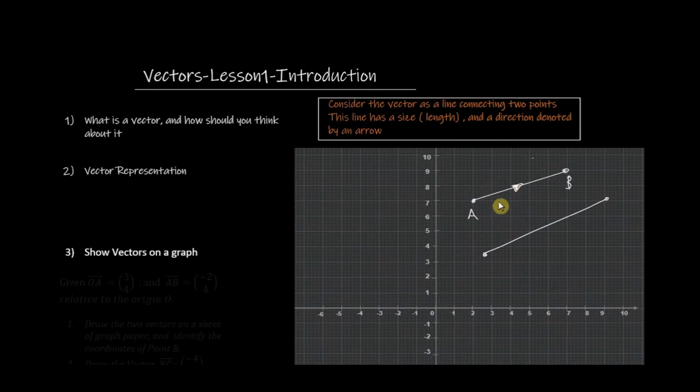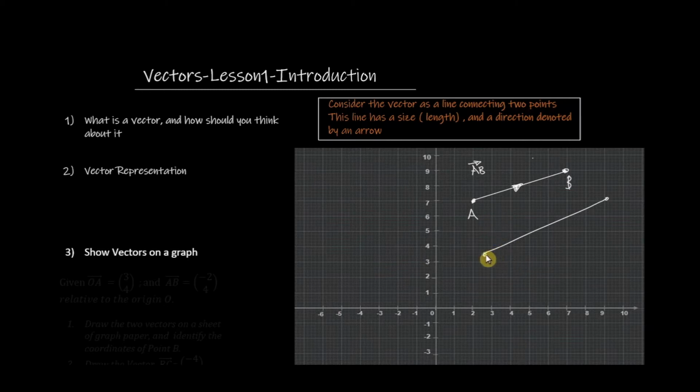So if I were to define or to use a symbol to represent this vector, I could think about one way of doing it as 2 uppercase letters, the letters here representing the points, and an overhead arrow indicating the direction of that vector. So the vector is a line connecting 2 points and it has a direction. It does not get any simpler than that.